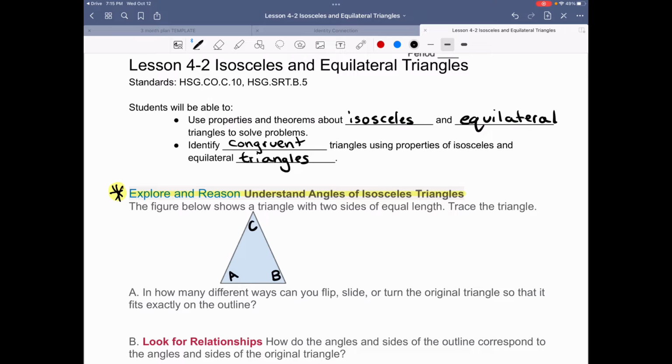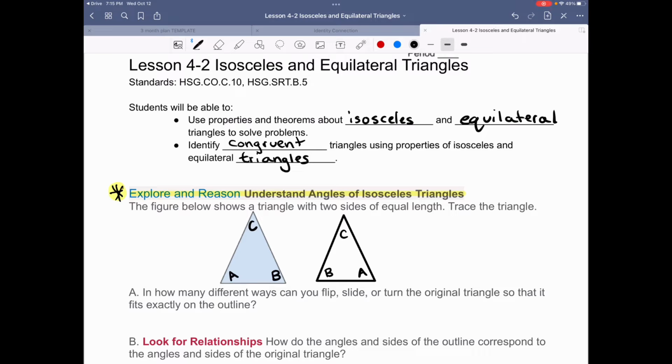So the only thing you can do is flip it. And when you flip it, you get this same triangle on top of itself. And the B comes over to this side, the A comes over here, and the C comes over here.